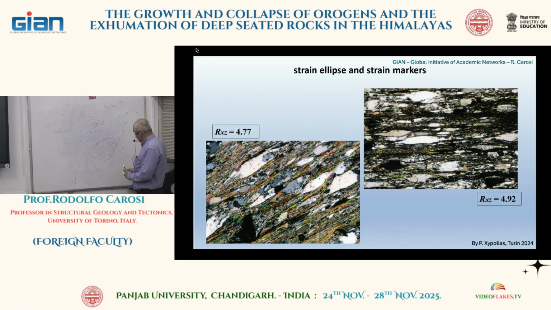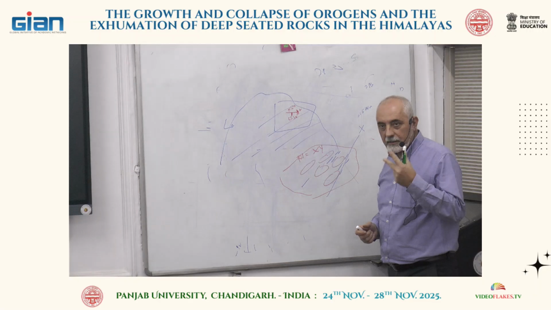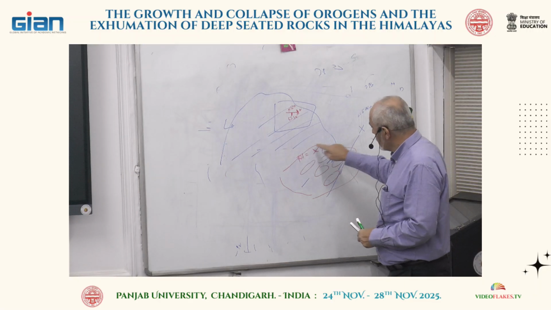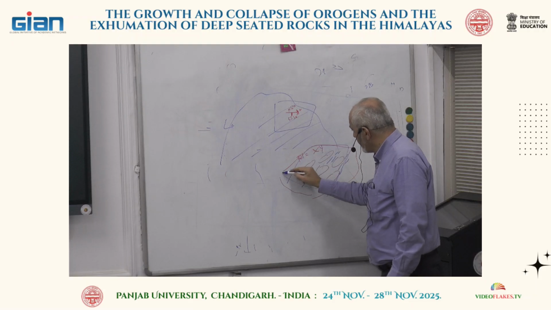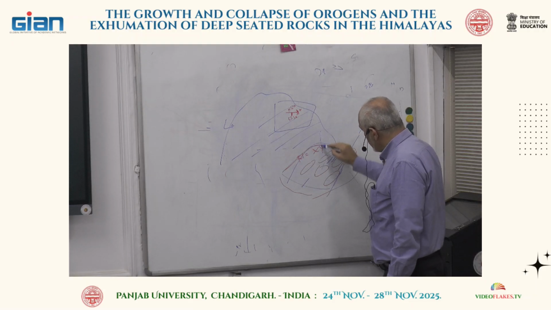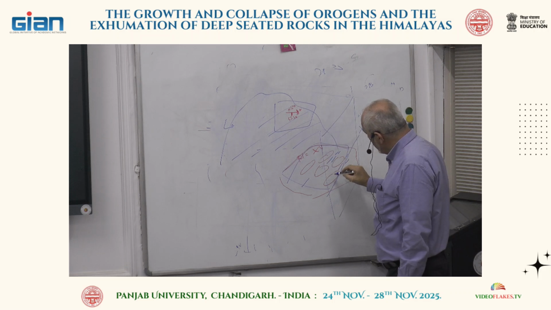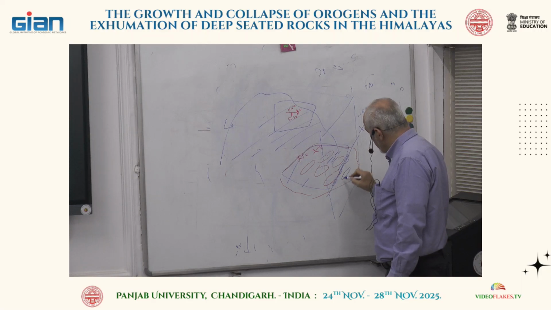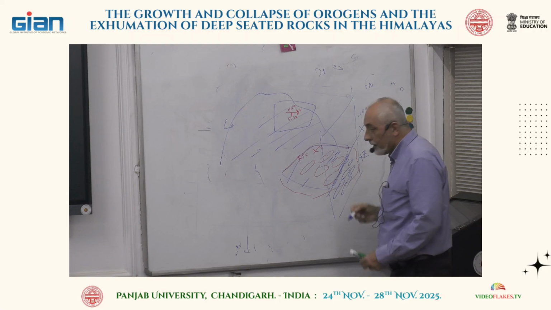So you need to cut this rock in 2 sections, at least 2 sections. One should be the foliation, if it is good enough. The other one is perpendicular to the foliation and parallel to the lineation, where you can see the maximum deformation, the XZ plane.